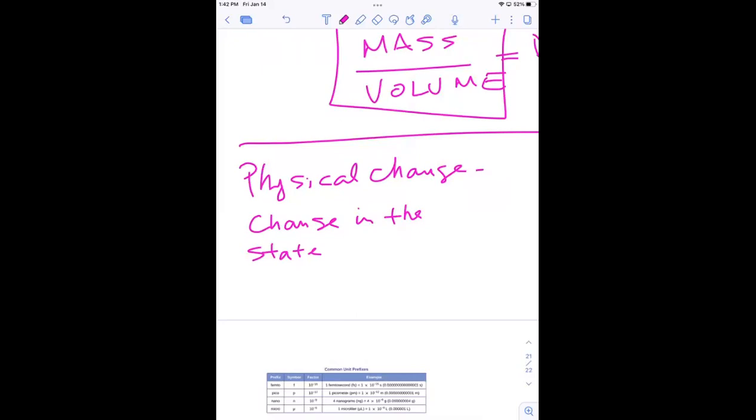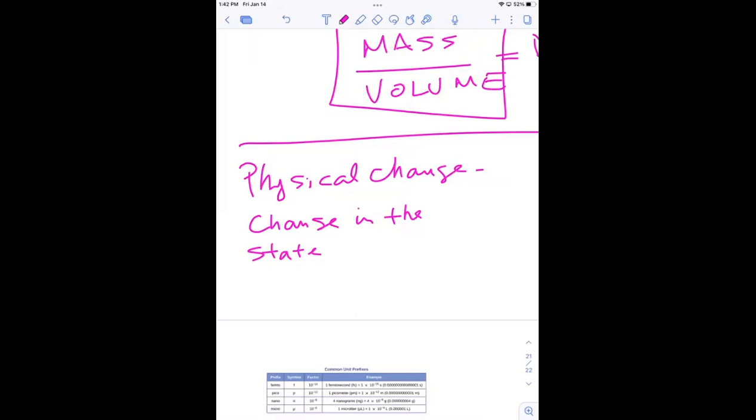Even so, if you put a plate in the microwave and it heats up, that's a physical change because it doesn't change the composition of the plate. If you put styrofoam in the microwave and heat it over a certain period of time, that will end up being a chemical change because the styrofoam starts to decompose and degrade.